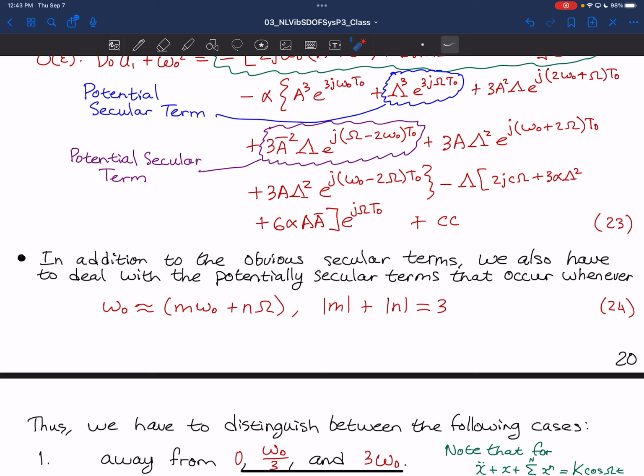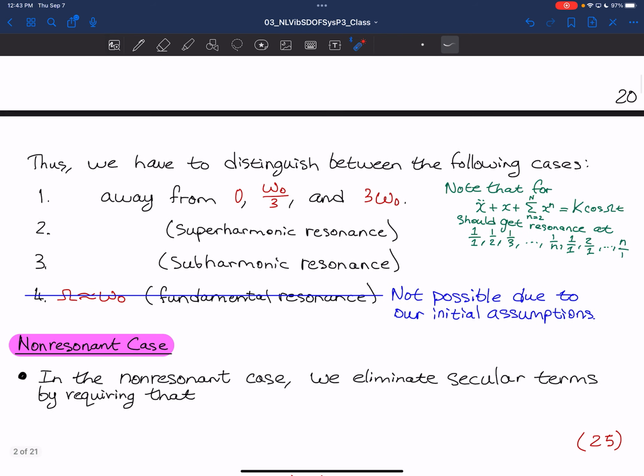It depends on the value of capital omega, and that's what we're going to study. Oh, okay, so like 1/3 makes it secular? Yeah, the key thing is that they're related by some ratio that's either 3-to-1 or 1-to-3. We'll take a look at that now.